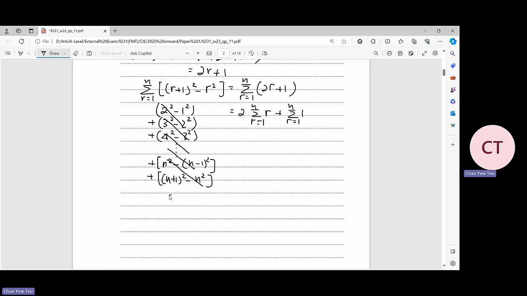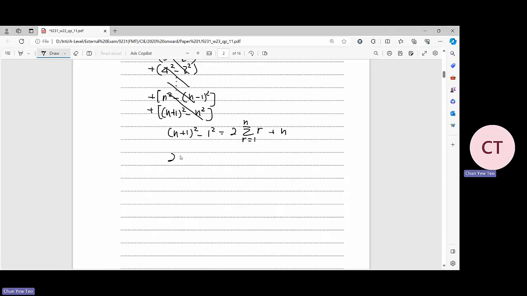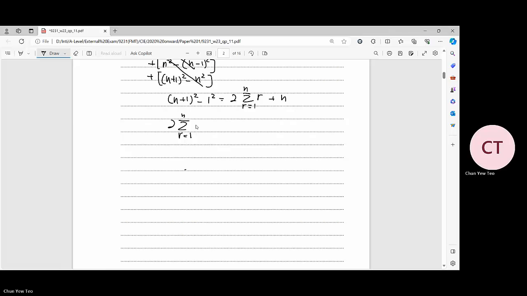So at the end, you're left with only (n plus 1) squared minus 1 squared equal to 2 multiplied by the sum of r, plus n. So 2 multiplied by the sigma r is equal to n squared plus 2n plus 1 minus 1 minus n.